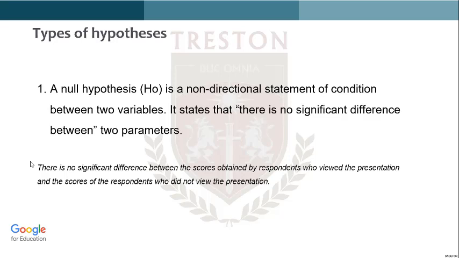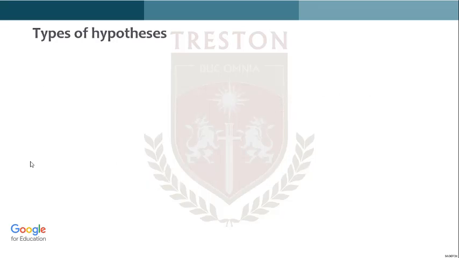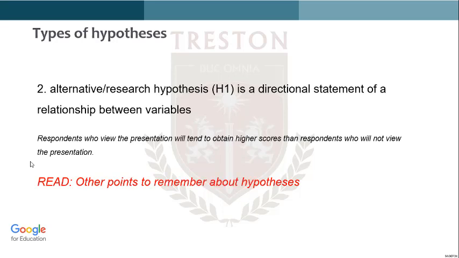Now, if you have a negation, you have a positive one, which is called a research hypothesis or an alternative hypothesis. If we sign it, it should be H1. It is a directional statement of relationship between variables. It means that there is a direction or a correlation between two variables.